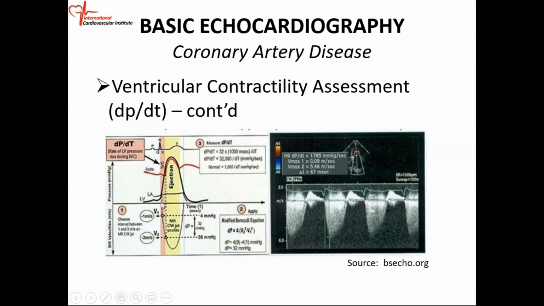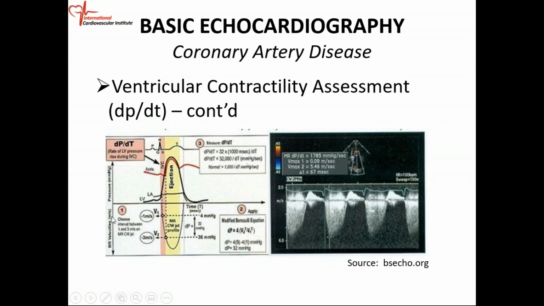Okay, so when you get your MR envelope, a normal MR usually goes to about 5 meters per second or more. You want to assess your MR at 1 meter per second and 3 meters per second. Again, remember, velocity is on the vertical axis.